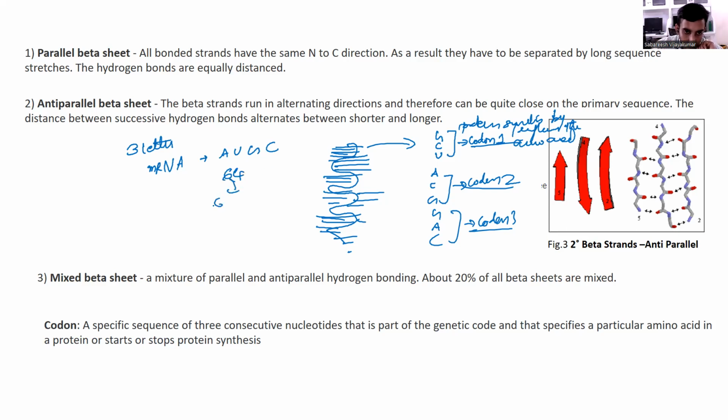Out of the 64, 61 represent the amino acids, and the remaining 3 are the control signals or stop signals, which trigger or end the protein synthesis. That is what a codon means.